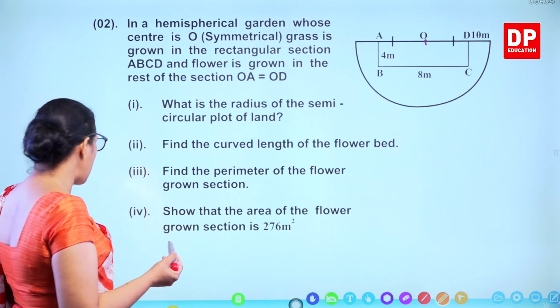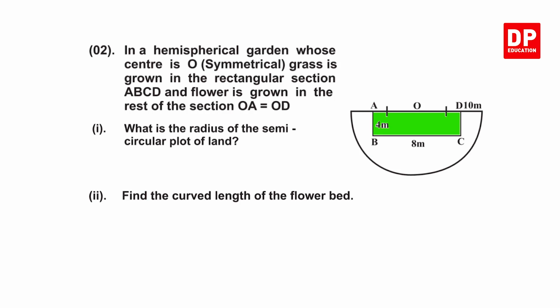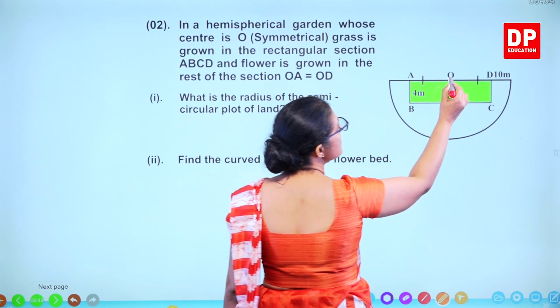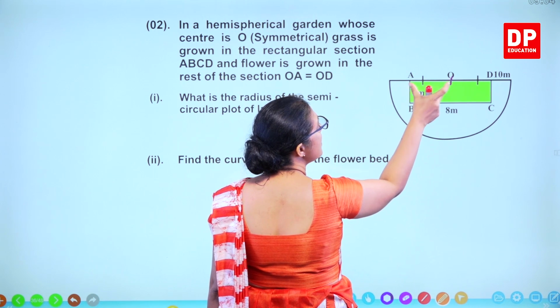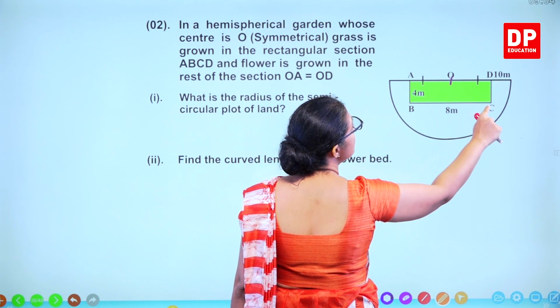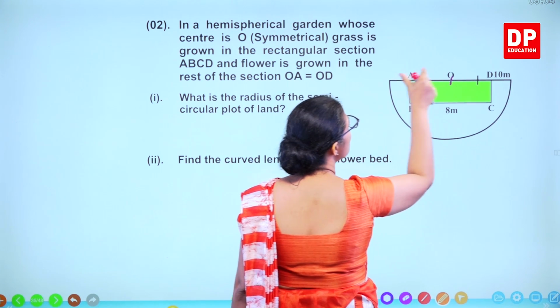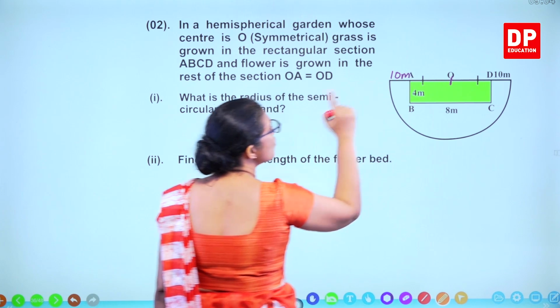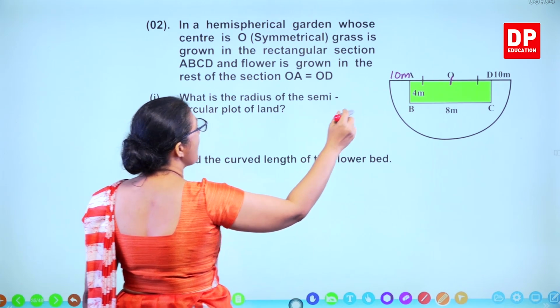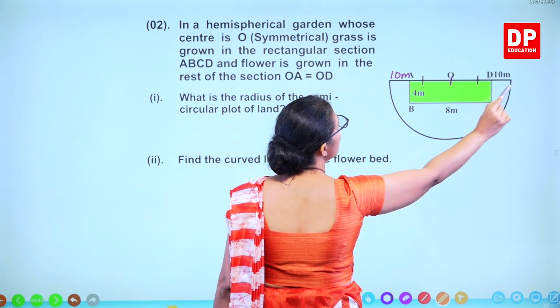So we'll see how we can do that. So this is the diagram. So we'll do the first part. What is the radius of the semicircular plot of land? We know this is the center. So this is symmetric. So we can just add it. So this is 8 and these two are 10 meters. So what's the radius? First we'll find out the total.